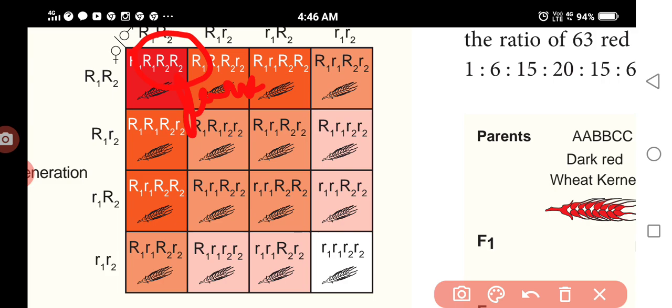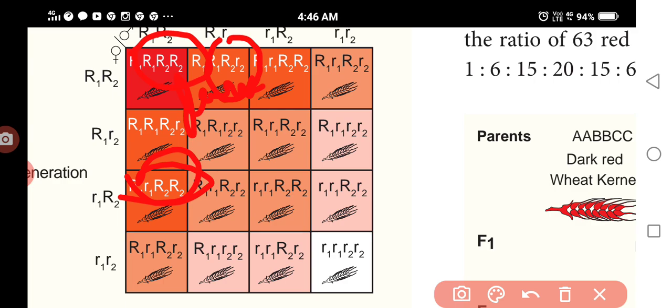Next, three capital R genes are here. We will discuss only capital R genes, not R1 or R2. Three capital R's give a medium dark red kernel.